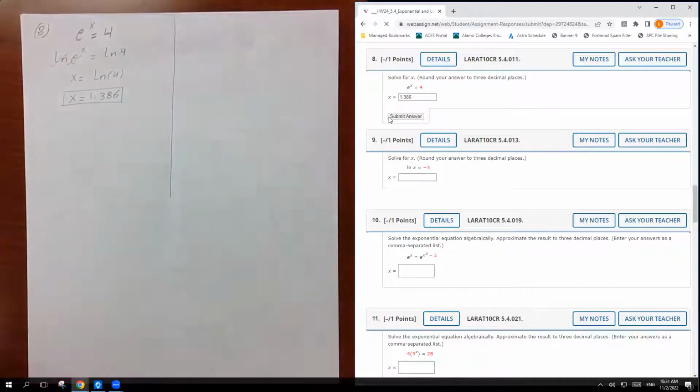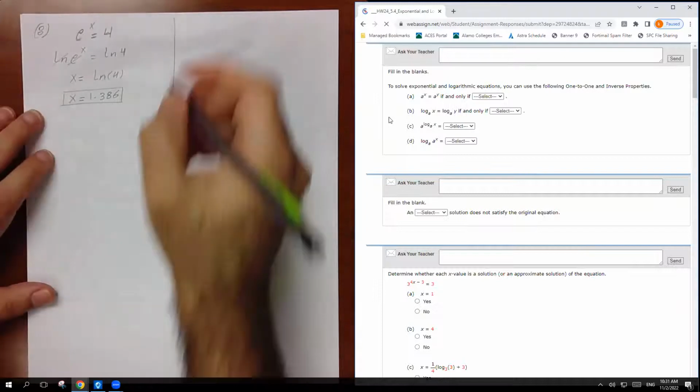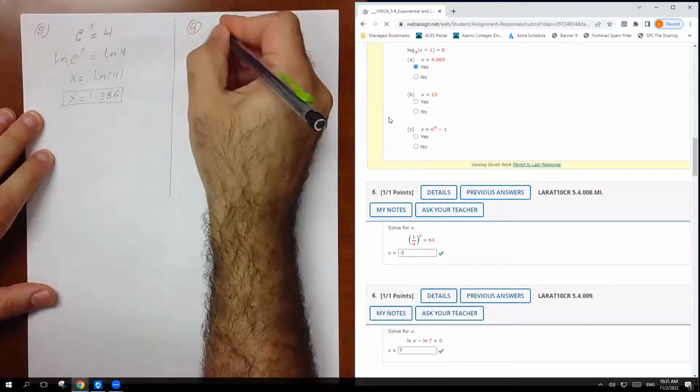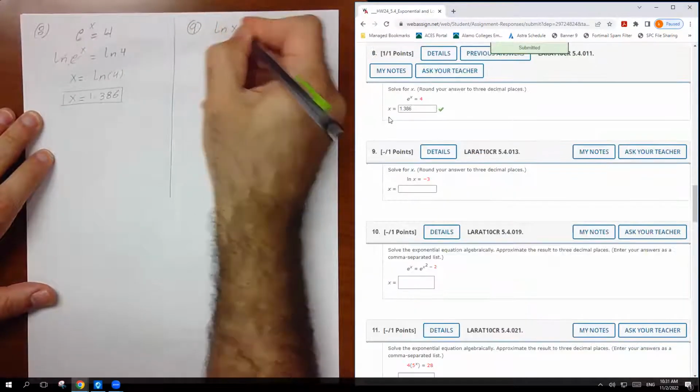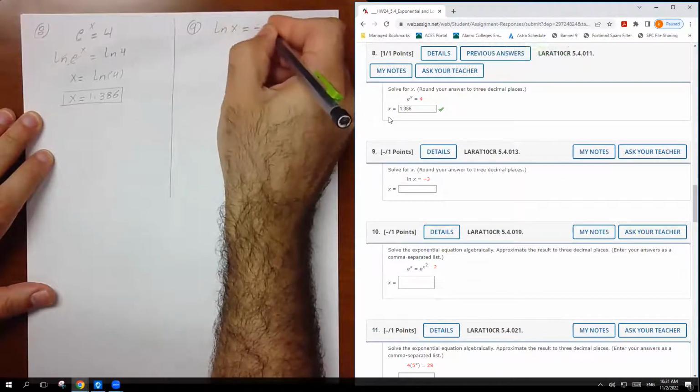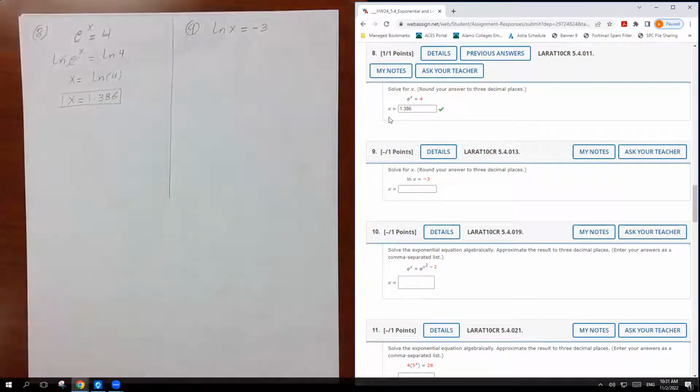Example 9, ln x equals -3. Now in this case, we're going to do the opposite thing. Of course, there are two ways to solve this one.